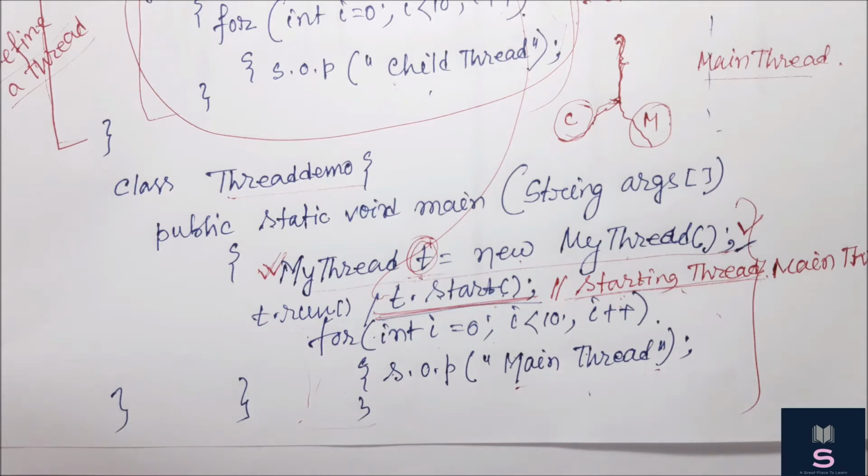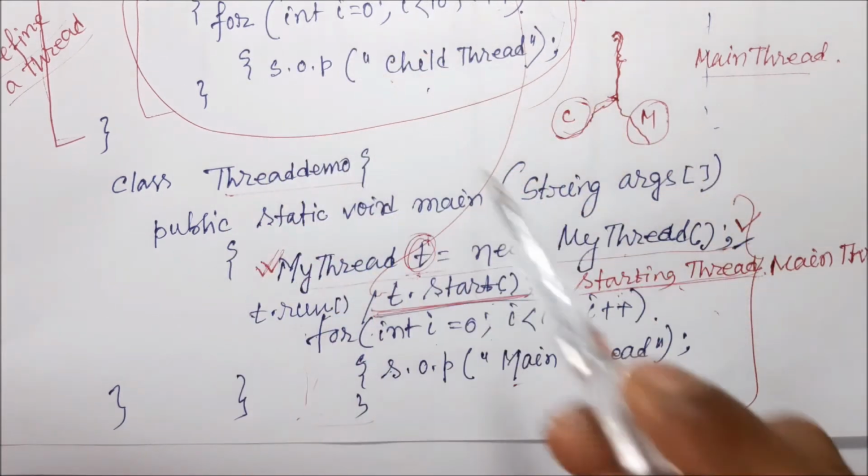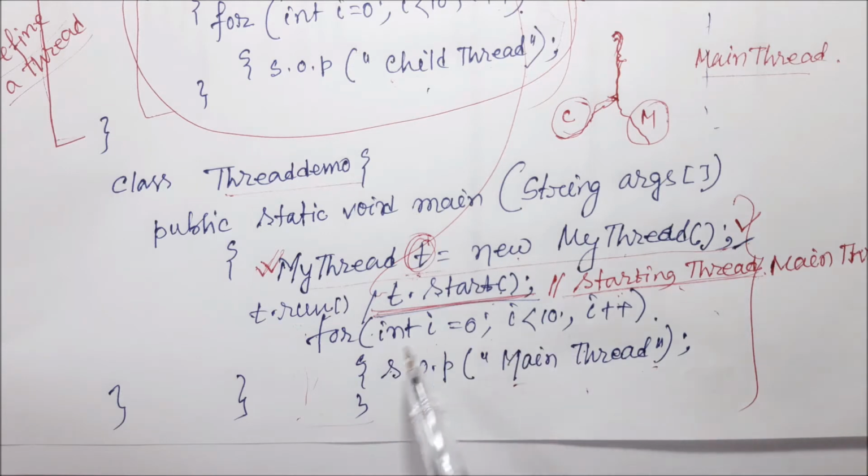From this difference, one point is clear: when we call the start method, a separate thread is created, that means it is multi-threading, more than one thread is executing, doing their job.